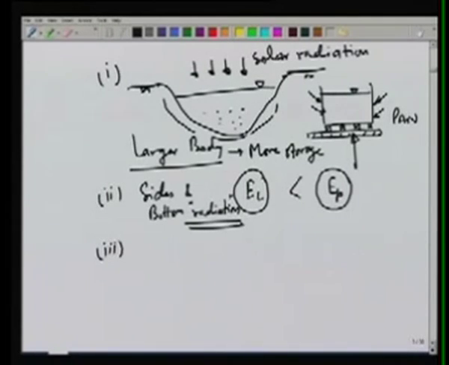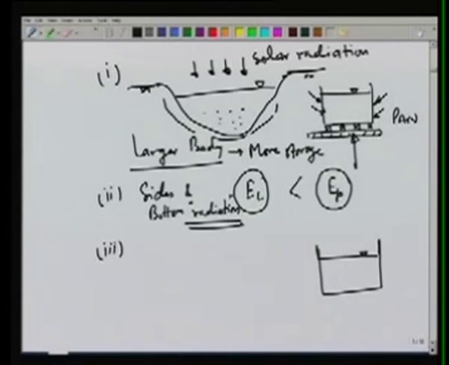Another reason is that in a pan there is a rim above the water level, and this will affect the wind action.